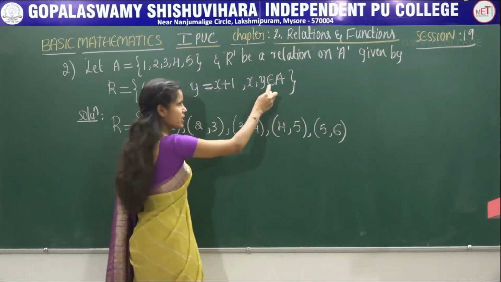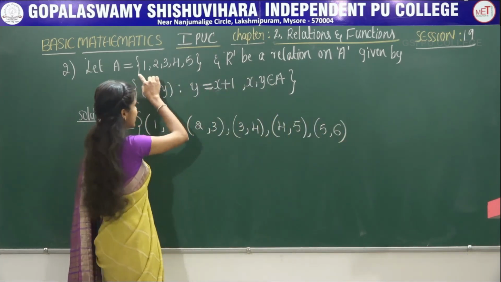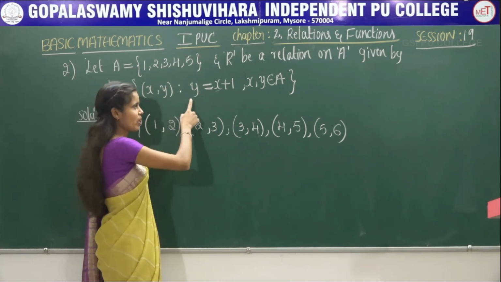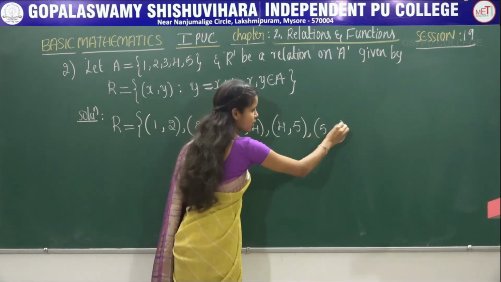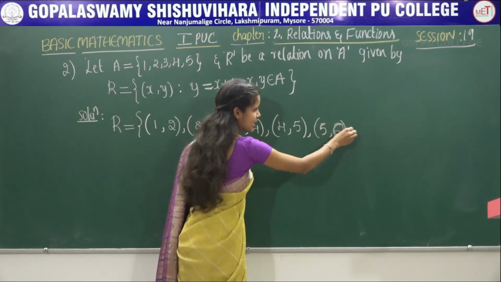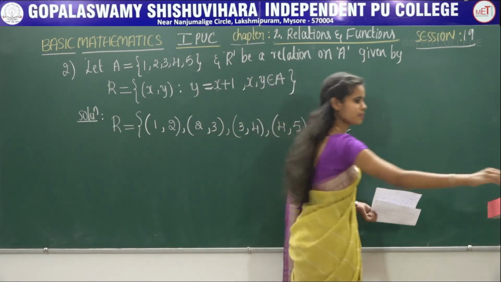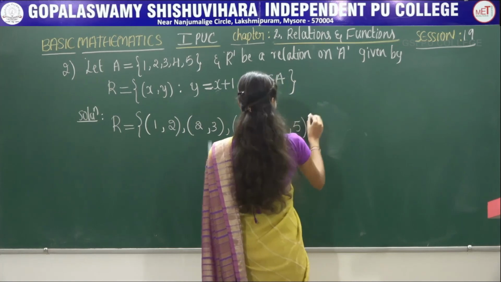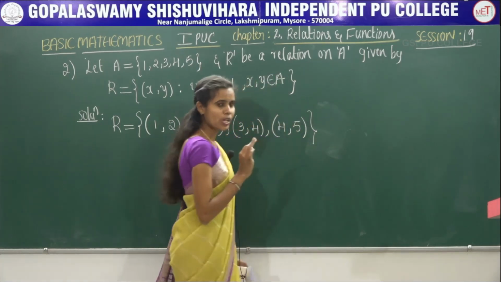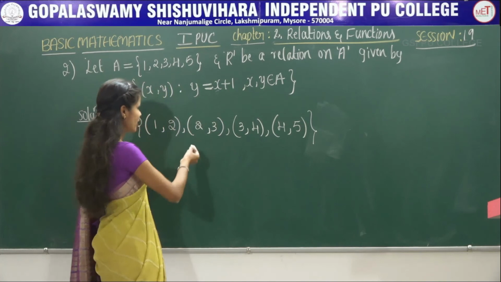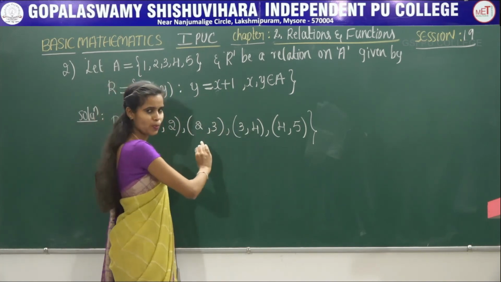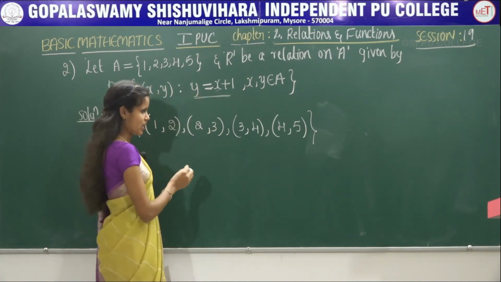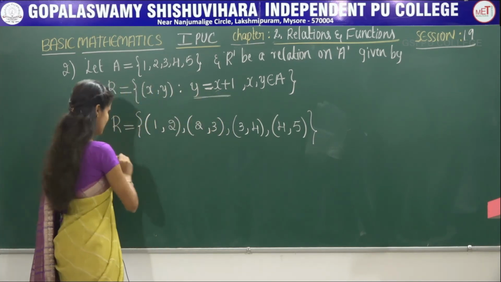But we know that y also belongs to A. The set A contains only 5 elements, and 6 does not belong to A. Therefore, the ordered pair (5, 6) does not exist. So in A cross A we have a total of 25 elements, and out of these only 4 ordered pairs satisfy the condition y is equal to x plus 1. So this is the given relation.